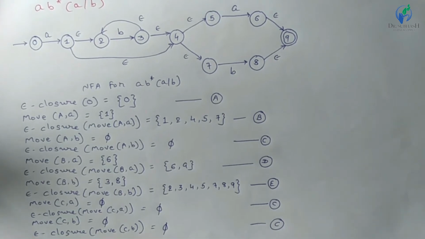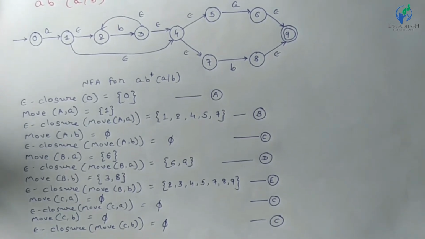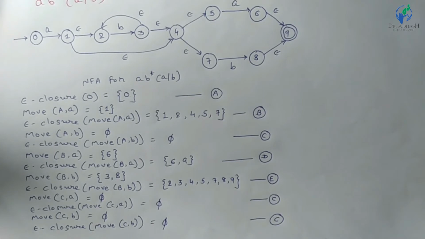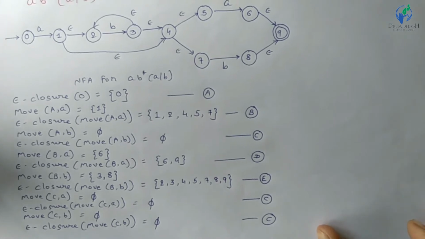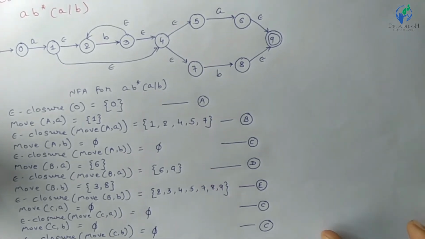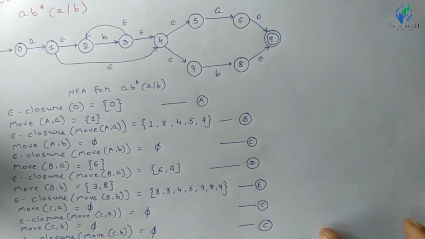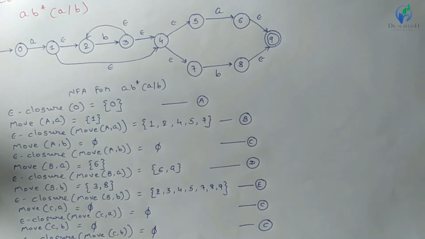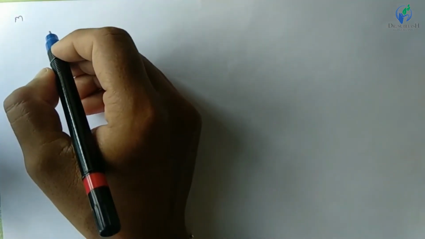Now you have to find move D to A. Your D state elements are 6 and 9. From 6 and 9 there is no input symbol move. So move D to A is equal to 5 and move D to B is also 5.